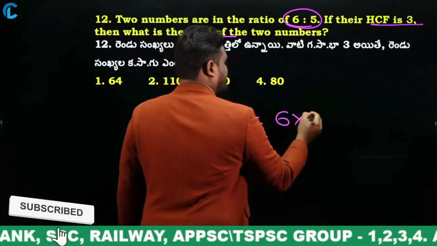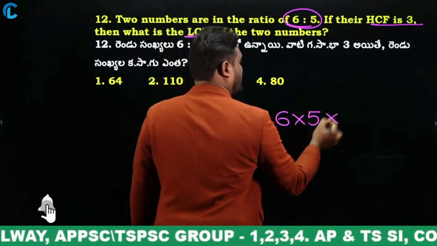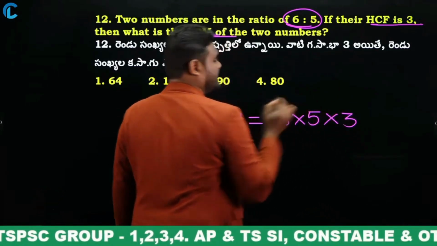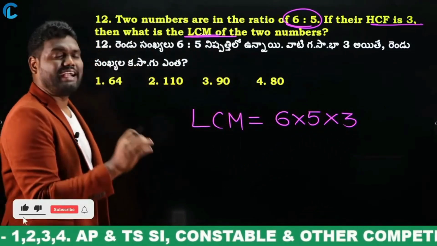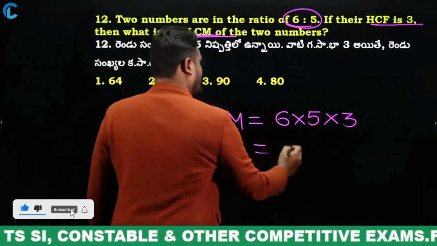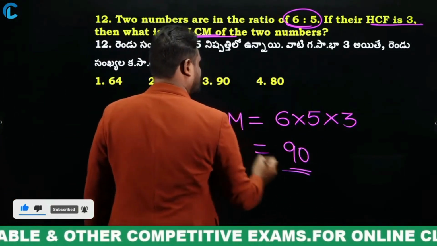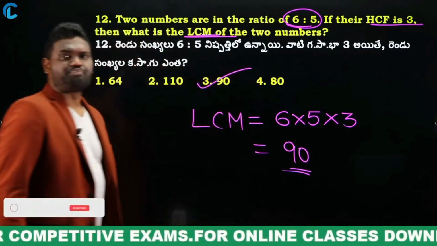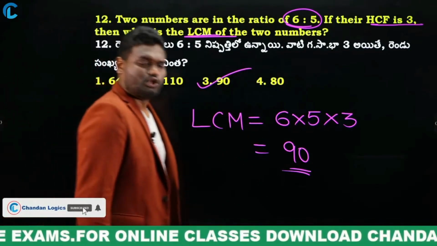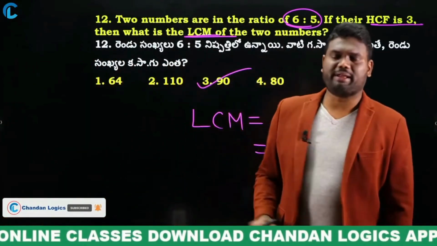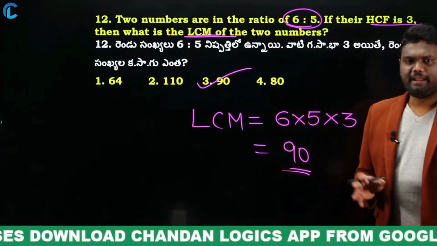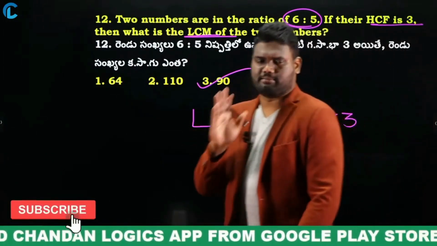Just multiply them: 6 into 5 into the HCF, which is 3. 6 times 5 is 30, 30 times 3 is 90. So the answer is 90. When you have the ratio of numbers and the HCF, and need to find the LCM, just multiply them.